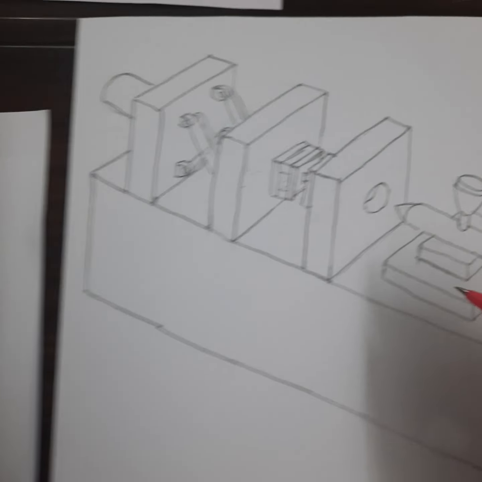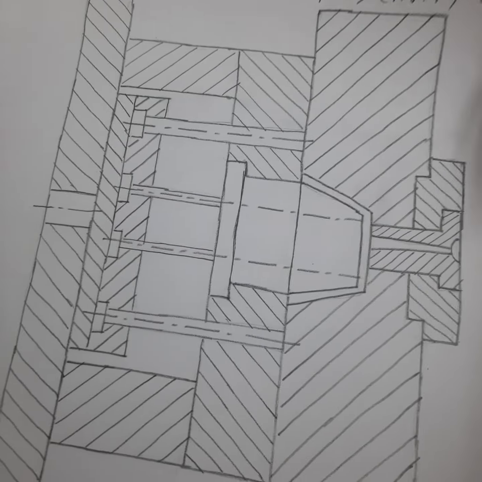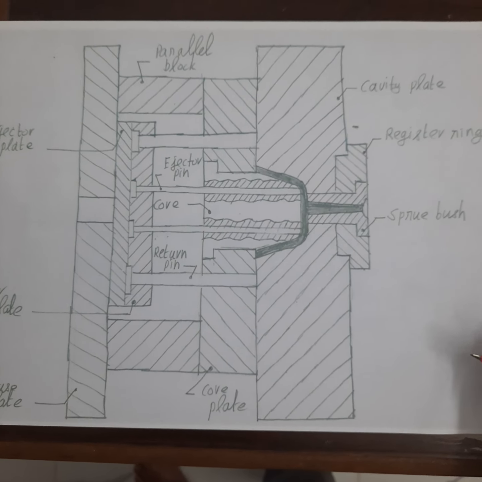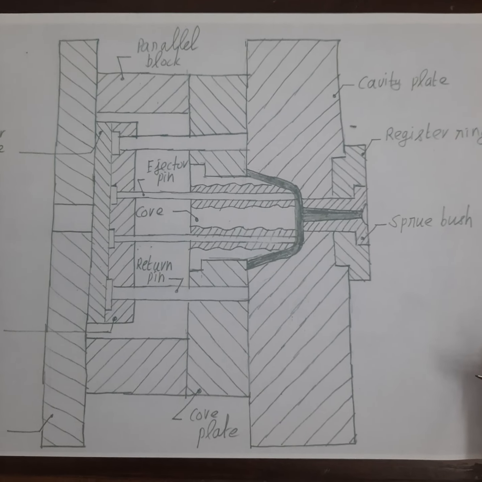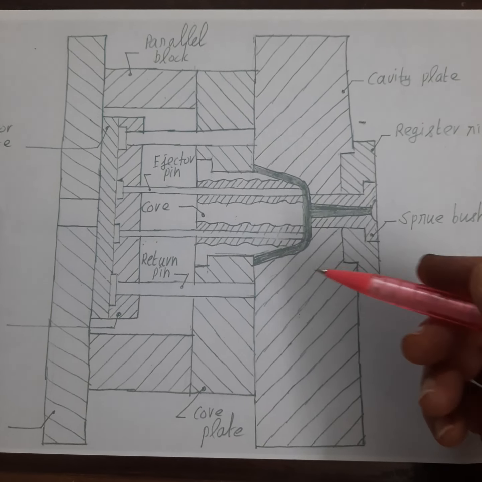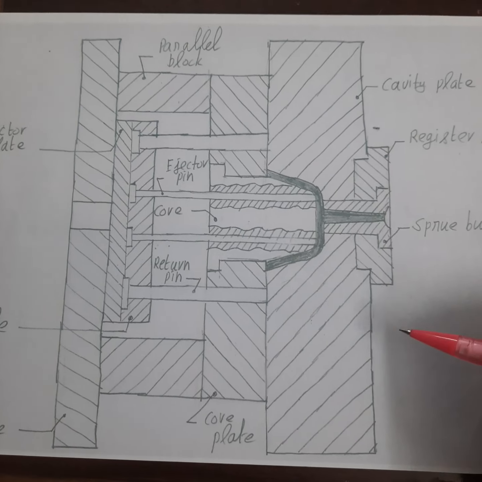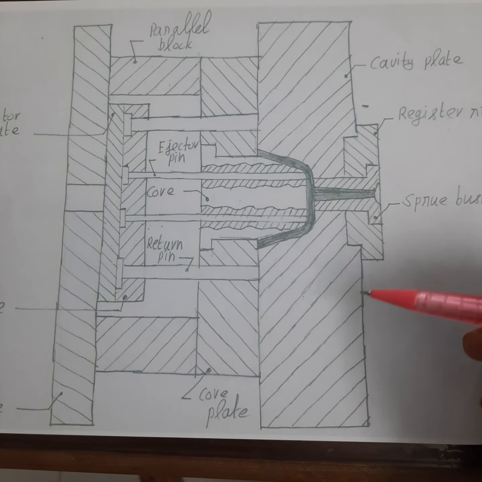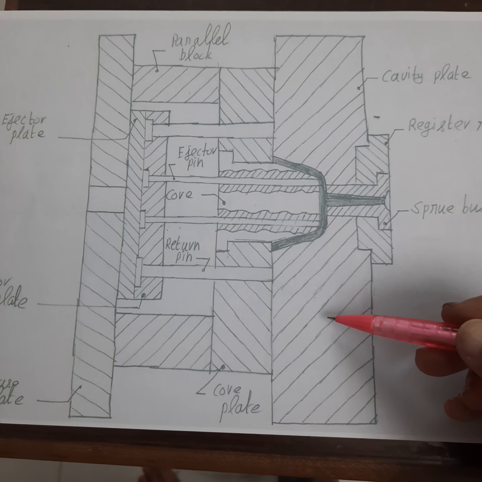The designed molding tool is shown here. Now this is the molding tool which has been designed for making the blackboard duster body. This is the cavity.